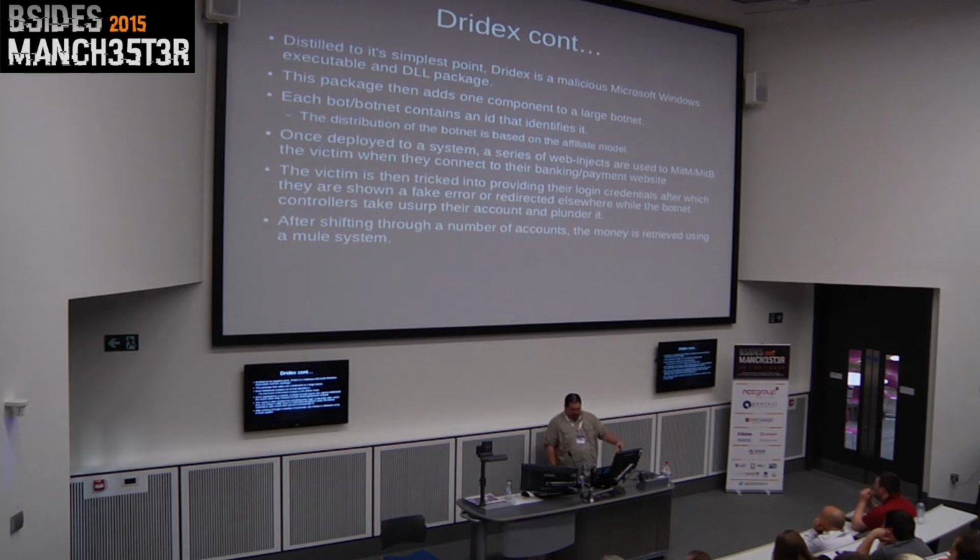So once that happens and someone is unlucky enough to be a victim and have Dridex installed, they have a system of what they call web injects that will then either man in the middle or man in the browser the victim. So once this happens, a series of URLs is stored within web injects for a particular institution, whether it be banking, whether it be shopping like Amazon, PayPal.